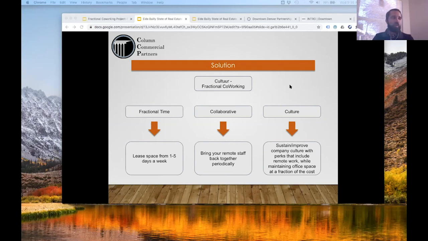So what we're working on here is some sort of fractional time. It brings the remote staff together, but also allows companies to provide that perk of working remotely. And then it also works to sustain and improve that company culture, and focus on, we have a place, but we're not spending what I would dub as boku dollars on office space that we may not need.